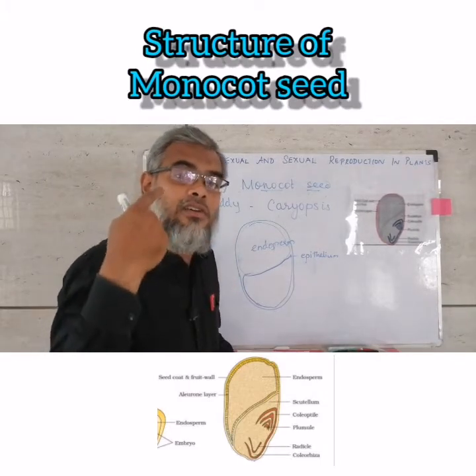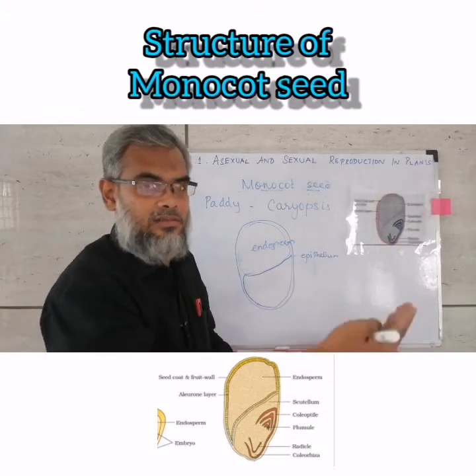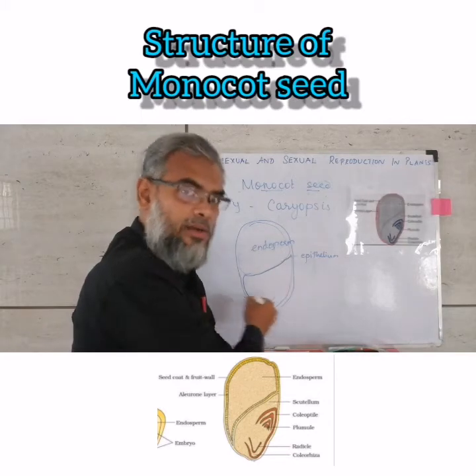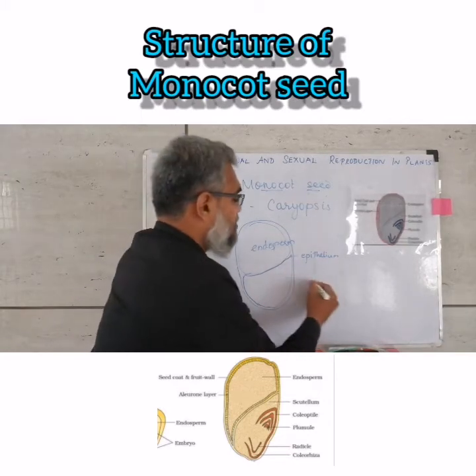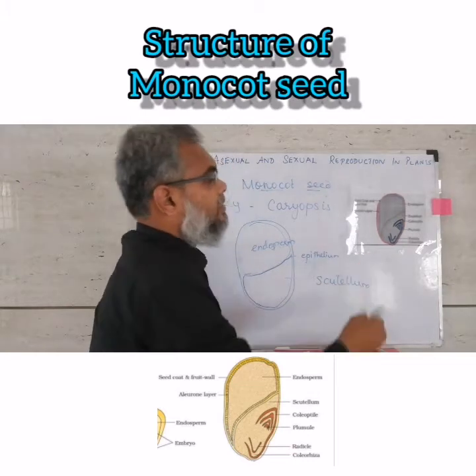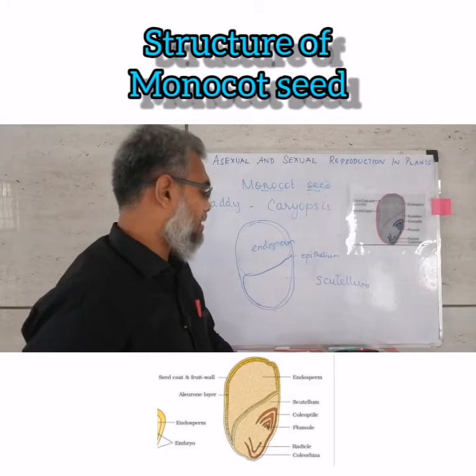In the dicot seed, we discussed that there were two cotyledons, but here only one cotyledon is present, which is called the scutellum. This is called the scutellum.